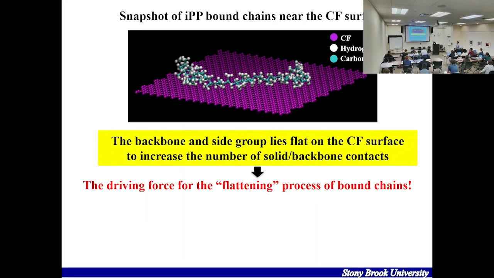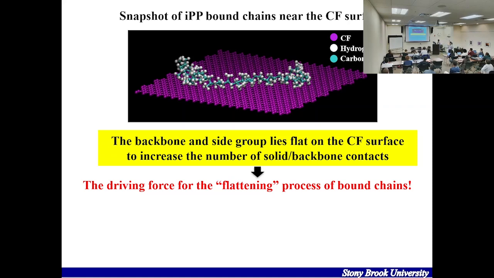According to the quantitative data analysis, this is the isotactic polypropylene, and this is the carbon fiber. The white corresponds to hydrogen and the green corresponds to the carbon chain. We can see that both the backbone chain and the side group lie flat onto the filler surface. If the polymer has that kind of structure, it loses entropy because of the confinement.